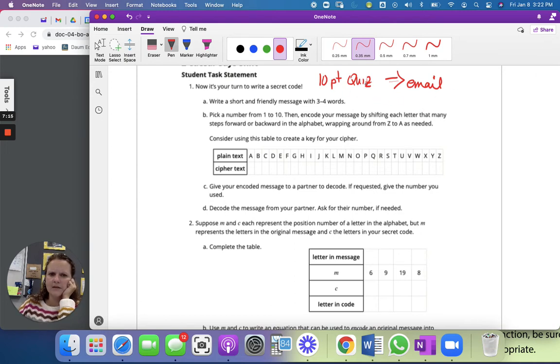I'll put it in Blackbaud, but email me. 3 to 4 words is your rubric. It says give your encoded message to your partner, me, and if requested, give the number you used. Cool? All right, now moving on.